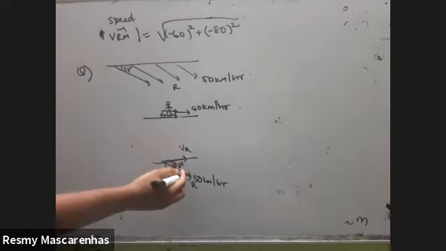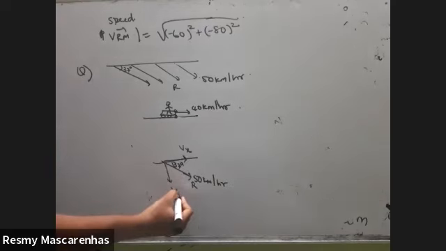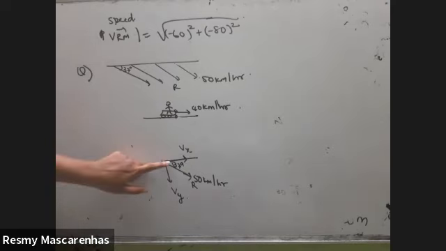You can just consider that if your velocity of rain is this, then this will be your vx component and this will be your y component, because it is at an angle of 37 degrees.